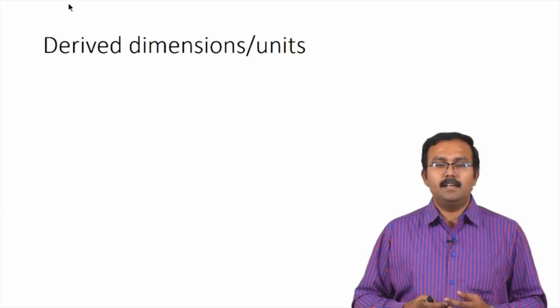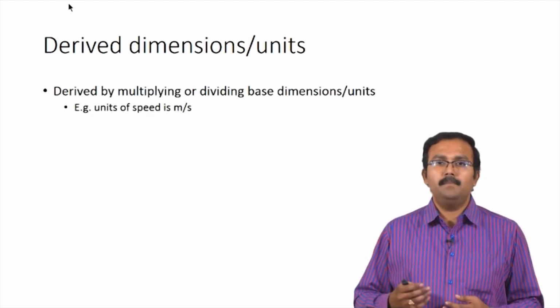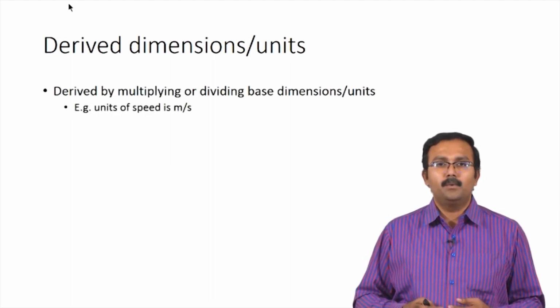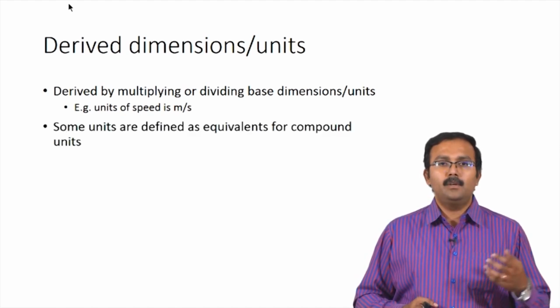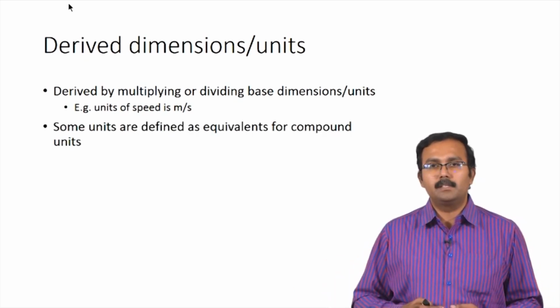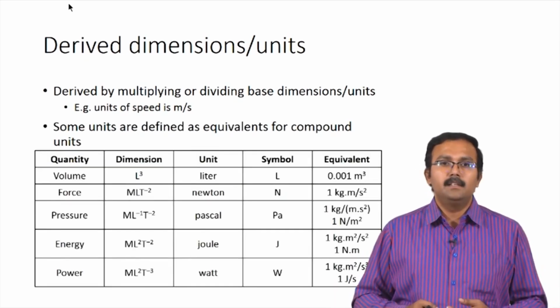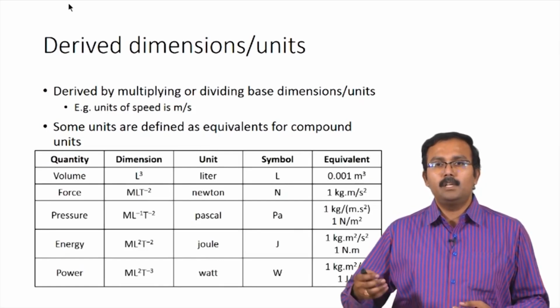Moving on to the derived dimensions and units, these are obtained by multiplying or dividing base units or dimensions. One example is the unit for speed, given as meters per second. You could also have units which are defined as equivalents of these compound units. The examples are given here. Volume is measured in liters, which is basically 0.001 meter cube.